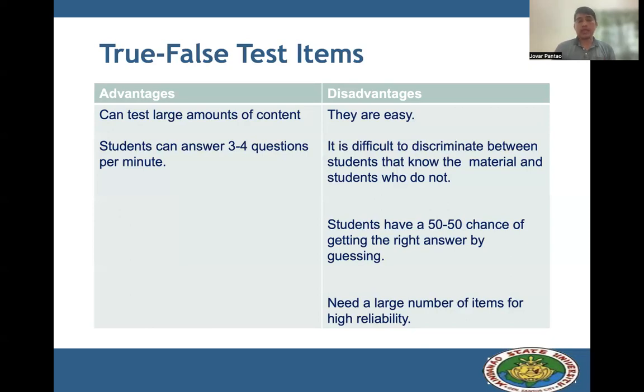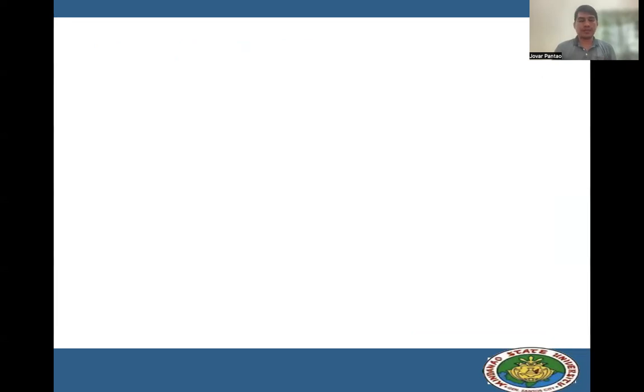So it's good that we can test a large amount of content and that students will be able to respond to it in a very limited period of time. But of course, we need to make sure that when we have true or false test items, they can yield a high reliability index, and we can only have that when we have a large number of items.